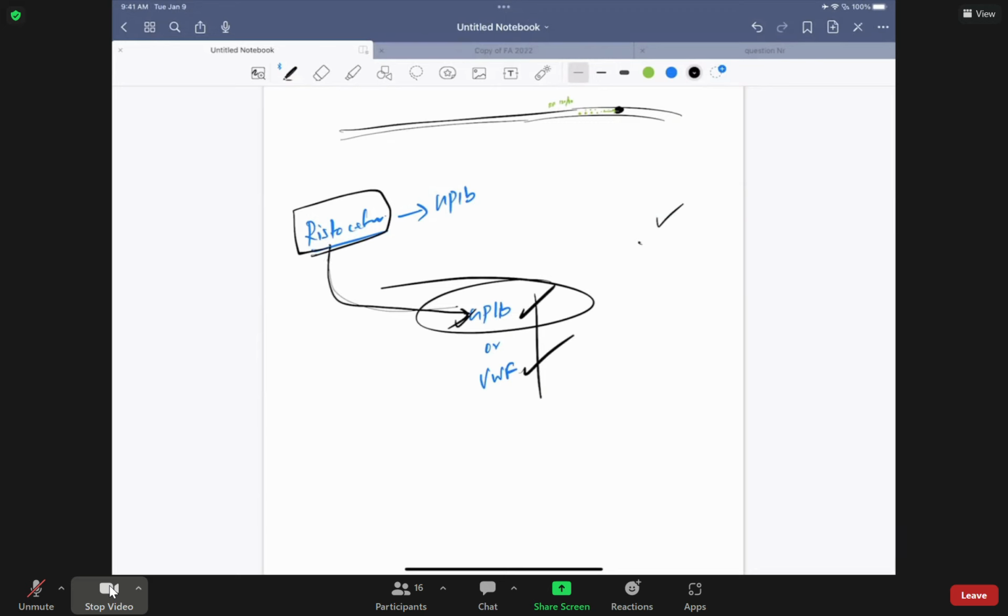That's why as soon as we give ristocetin, GP1B is working. If I tell you the patient has a platelet adhesion problem and we give ristocetin, and it's still the same, did not get better, it's von Willebrand factor. Is that clear? That's simple. Now let's go back.